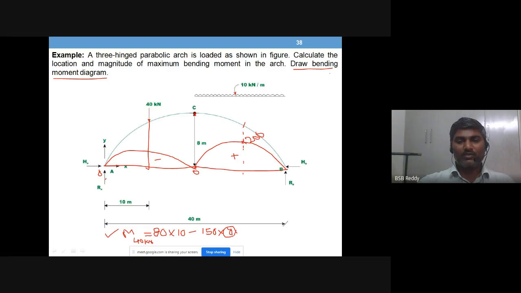So that's how to draw the BMD for this case. This is how you solve a three hinged parabolic arch with point load and UDL. Practice one more example. Okay, right. Thank you so much.